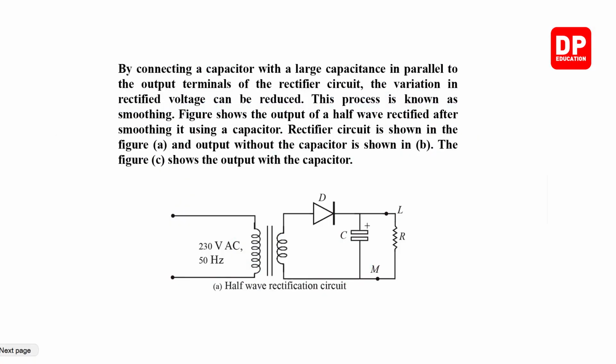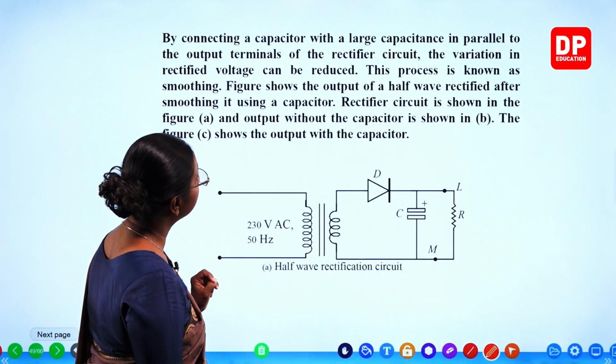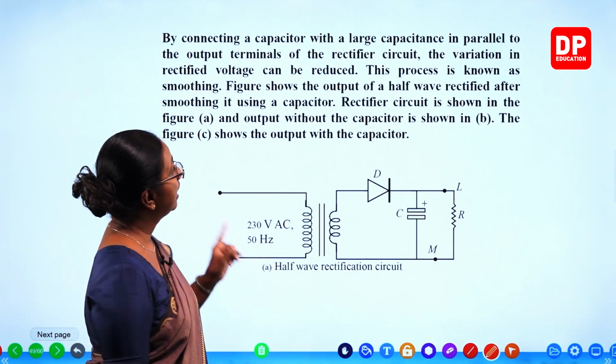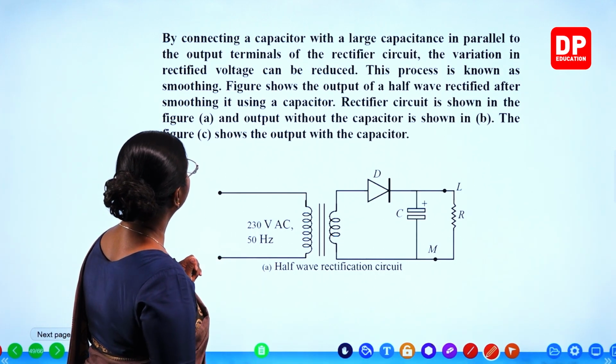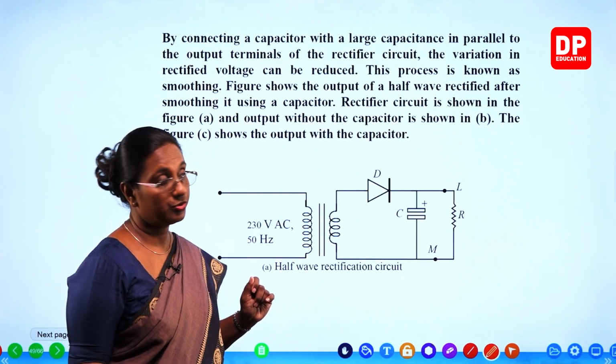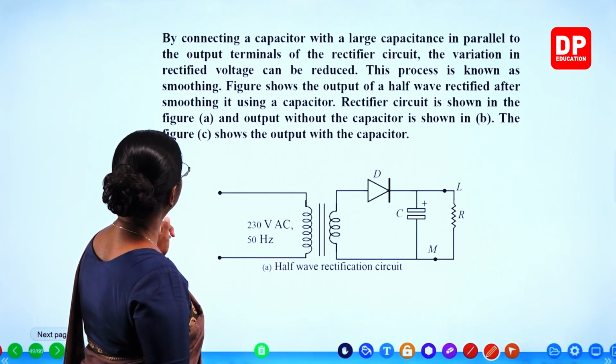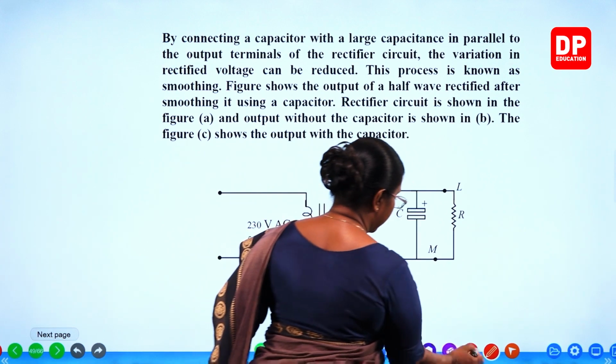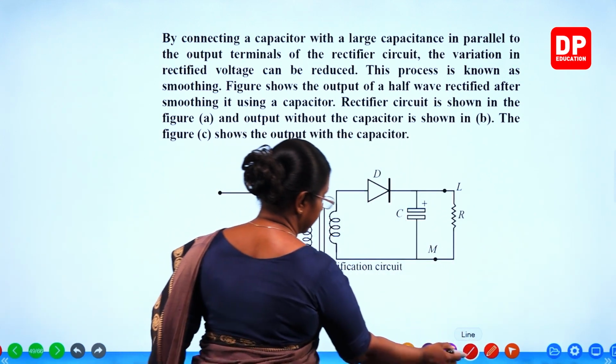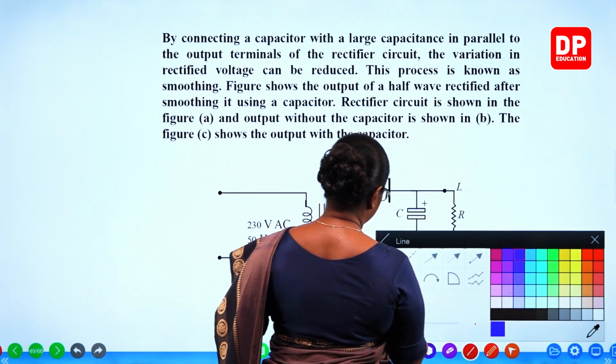By connecting a capacitor with a large capacitance in parallel to the output terminals of the rectifier circuit, the variation in rectified voltage can be reduced. This process is known as smoothing. So that is something you all need to understand, the smoothing process.